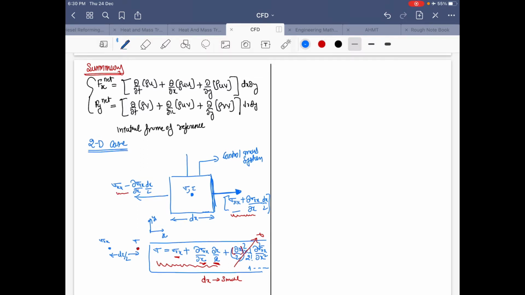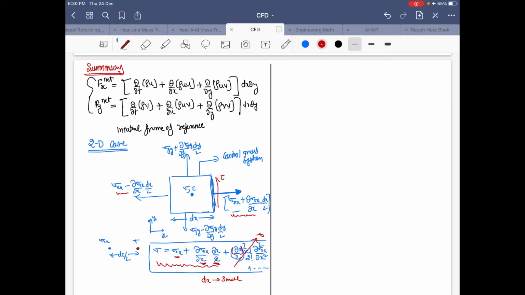Now similarly here I can write sigma yy plus del sigma yy by del y into dy by 2, and similarly here sigma yy minus del sigma yy by del y into dy by 2. Okay, and now I am left with shear stresses. So the shear stress here will be tau.